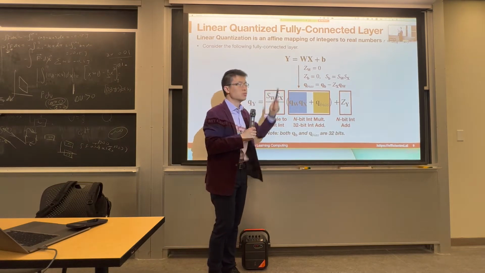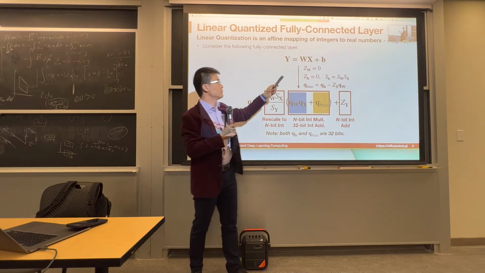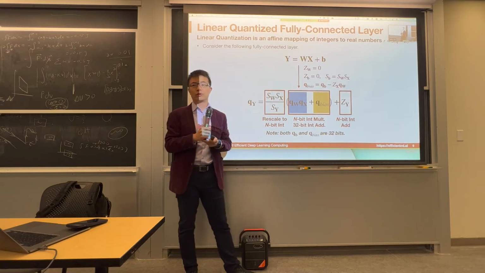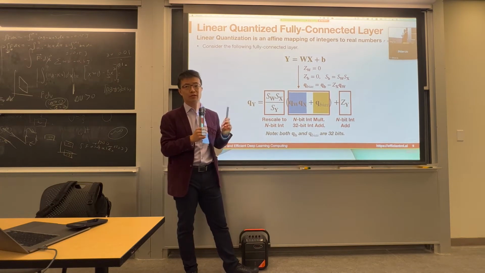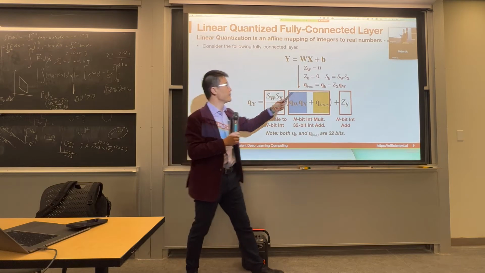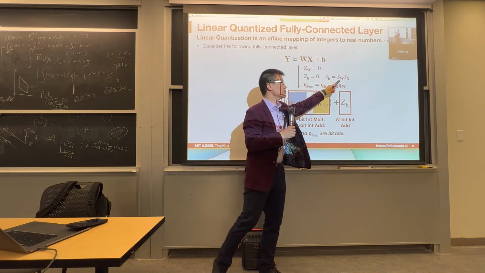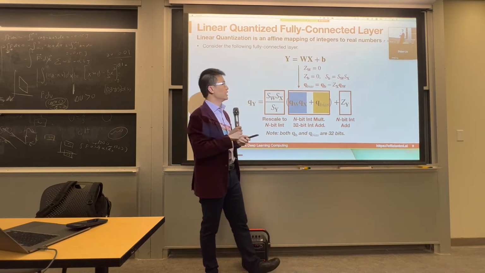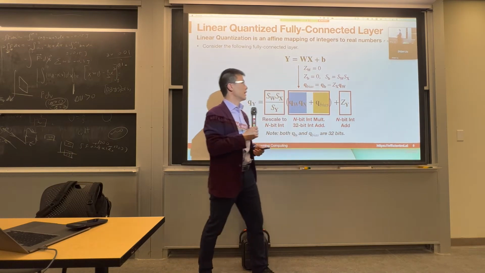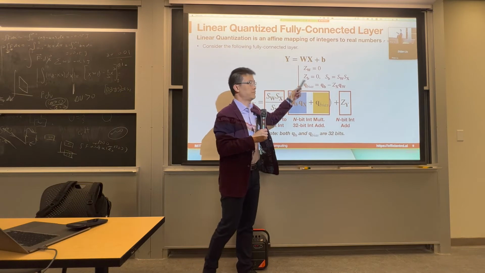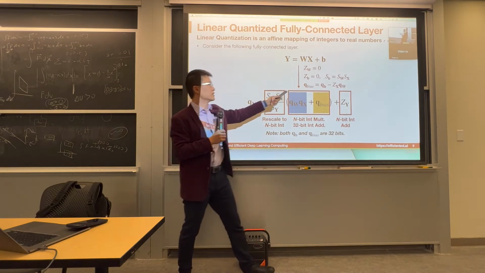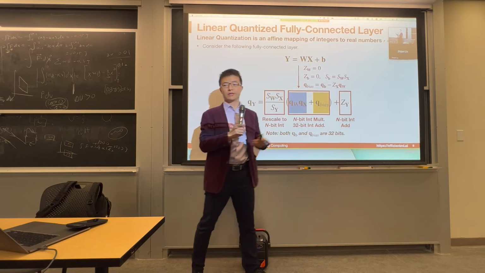We assume the zero point for the weight is 0. The zero point for the bias is also 0, which simplifies the calculation. And we have the scaling factor of the bias equal to the multiplication of the scaling factor of the weight with the scaling factor of the activation. Finally, we define Q bias to be this term.